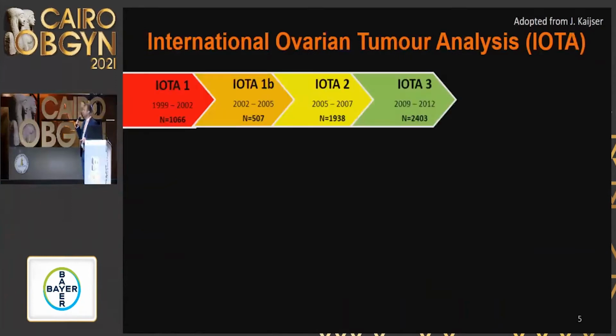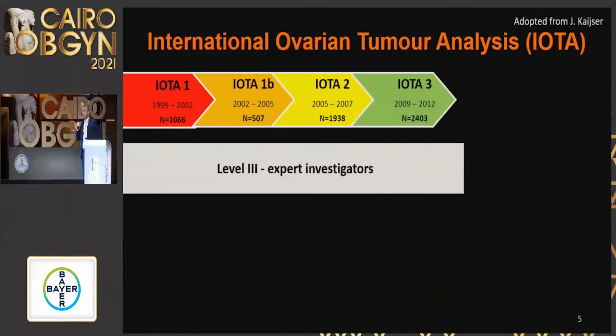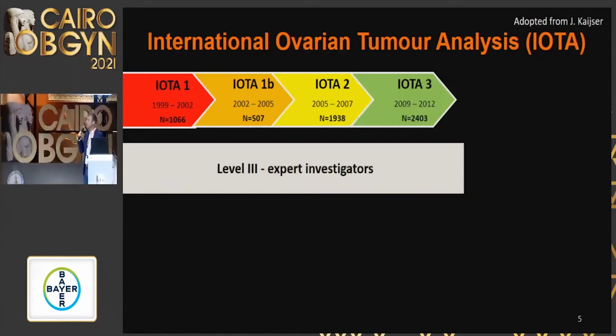And the IOTA study was founded in 1999 as an international multidisciplinary group of researchers and clinicians. So there are oncologists, radiologists, gynecologists involved. And throughout several decades already, there has been inclusion of about 40,000 patients based on standardized definitions, which we will see later on.